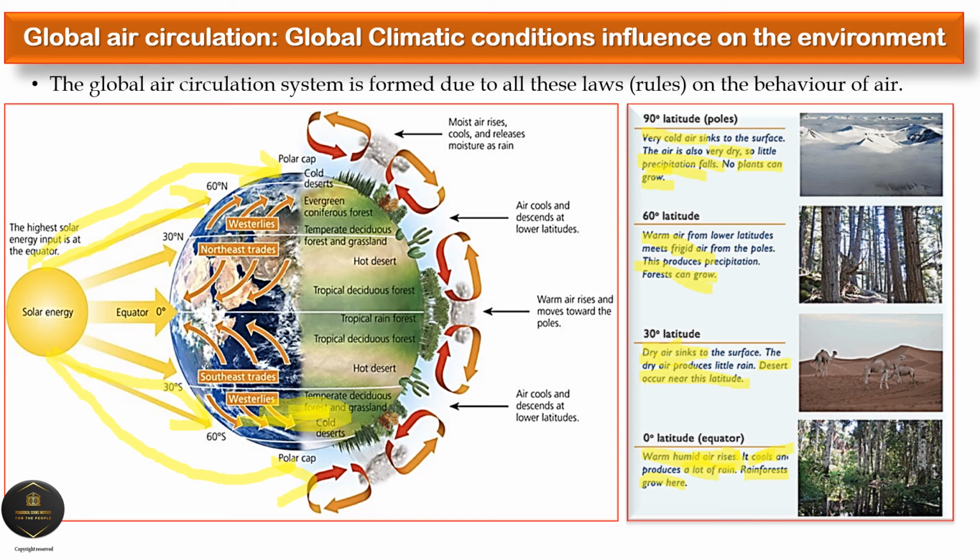So remember the first rule: when we look at climatology, we are basically looking at how the air will behave, and how this air behaves influences how the other spheres will turn out, how the lithosphere will turn out, how the hydrosphere will turn out, and how the biosphere will also turn out. And the opposite is also true.